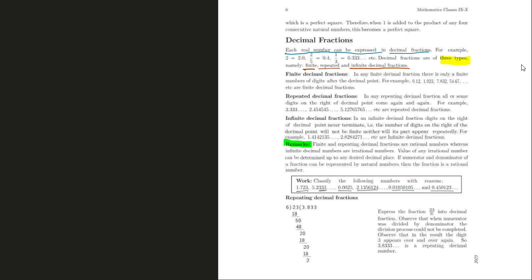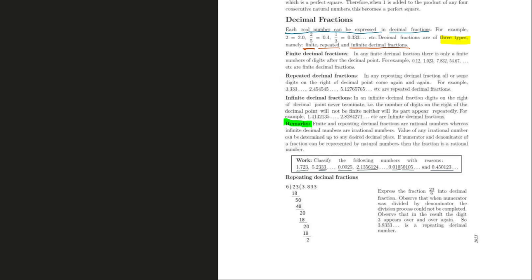I think we talked about this, that we can represent any real number in decimal fraction. Basically, the 3 types they're talking about: finite, repeated, and infinite.